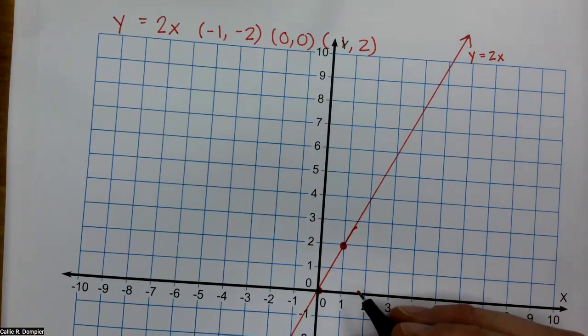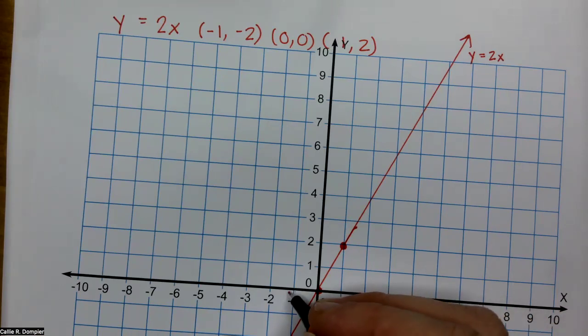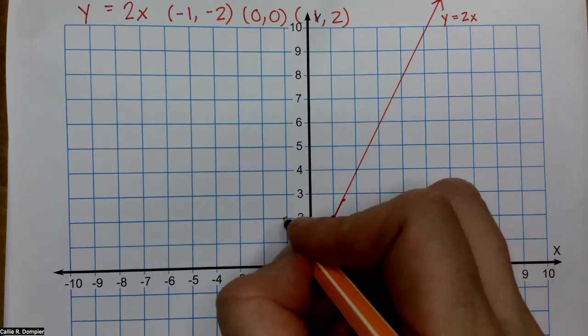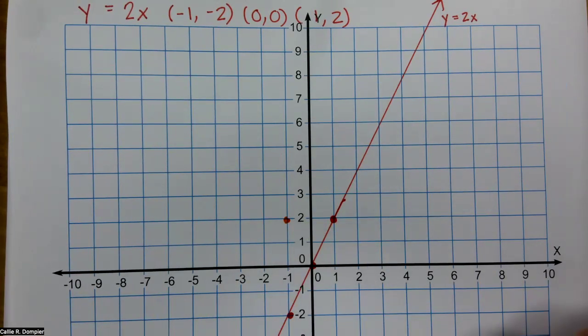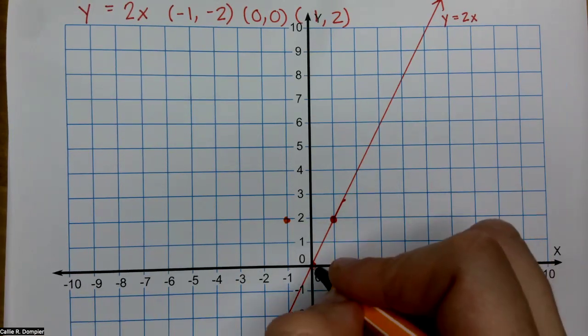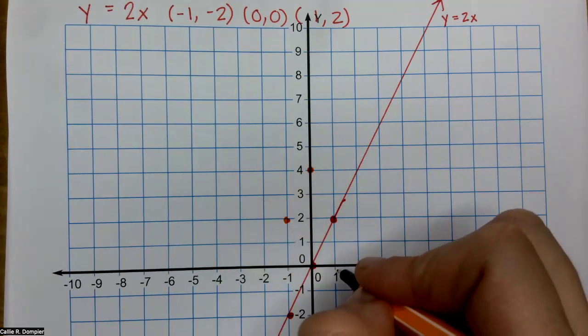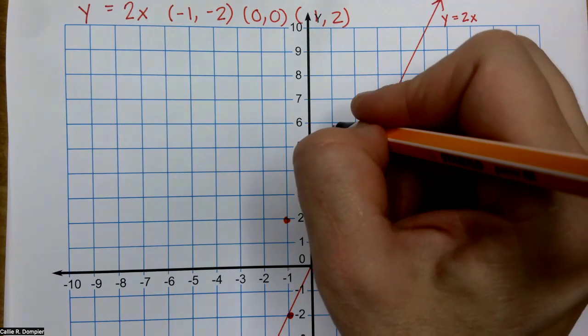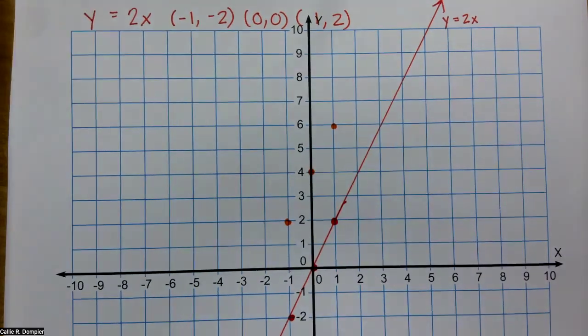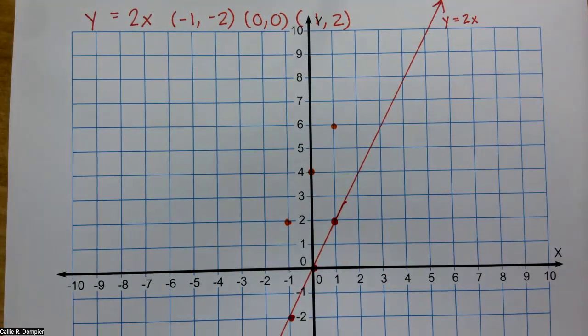So those were the points -1 on the x, 2 on the y, 0 on x, 4 on y, and 1 on x, 6 on y. Oh, darn it, those look the same. Sorry, red and orange look the same on my computer screen.